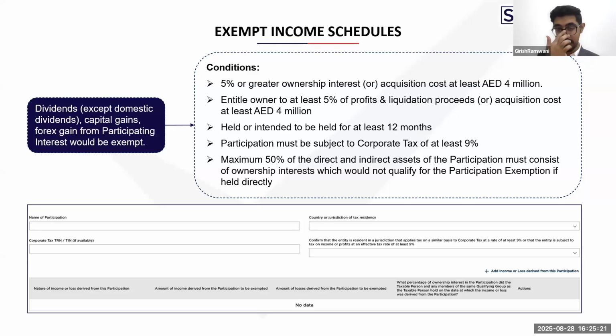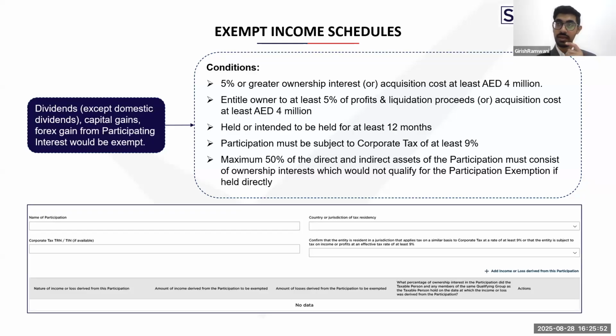Then there is an asset condition. That means in my participation's balance sheet, if there are any further investments that my participation is holding, and those further investments would not qualify for participation exemption had I held them directly, then the value of such further investments must not exceed 50% of its total assets.